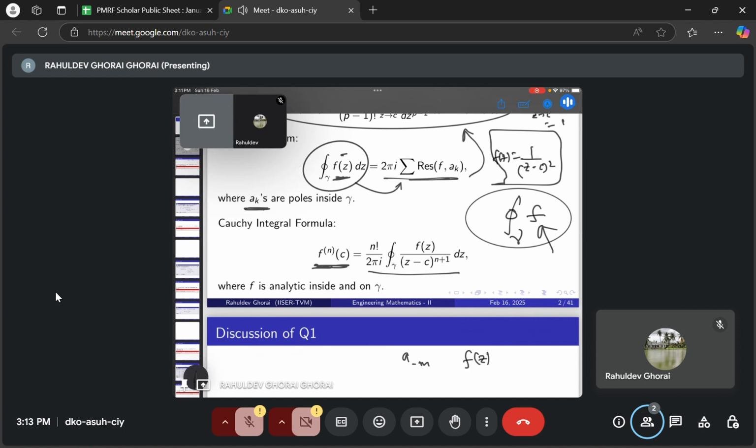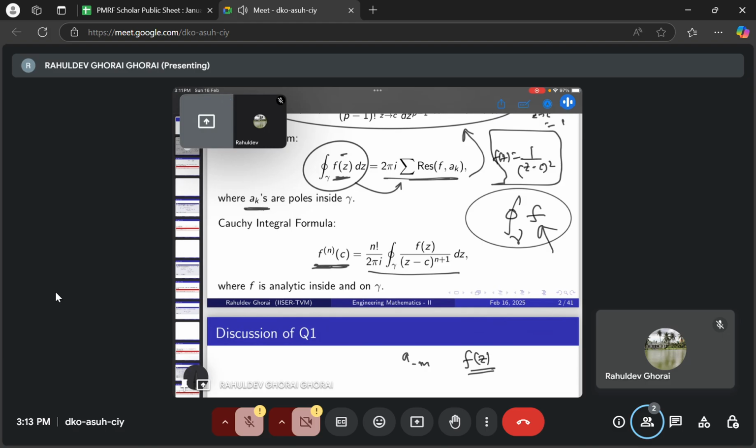f(z), when it is an analytic function, at least in a neighborhood of z naught other than the point z naught, will have a Laurent series expansion. So in that Laurent series expansion, you have a power of a minus m.